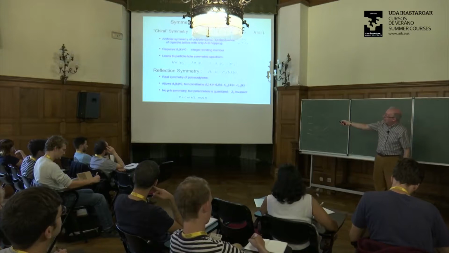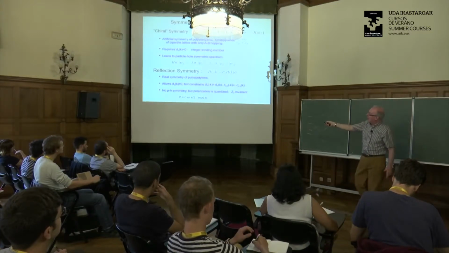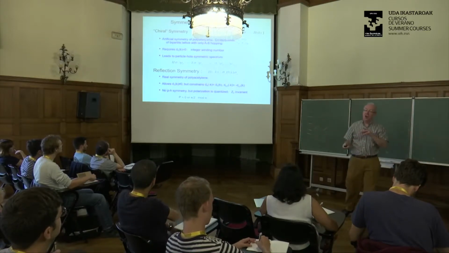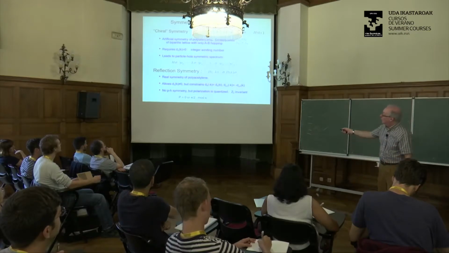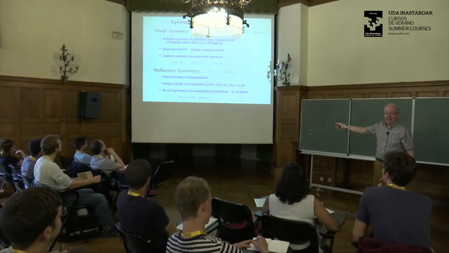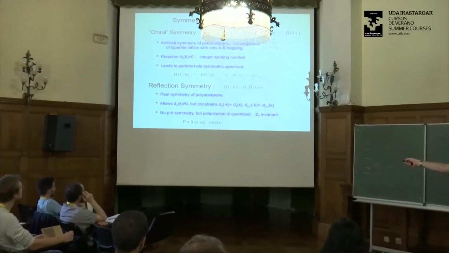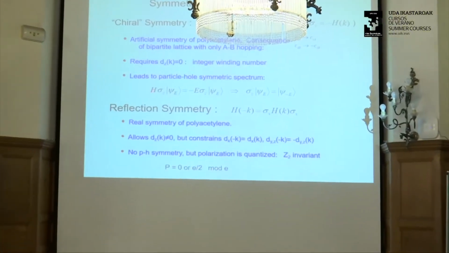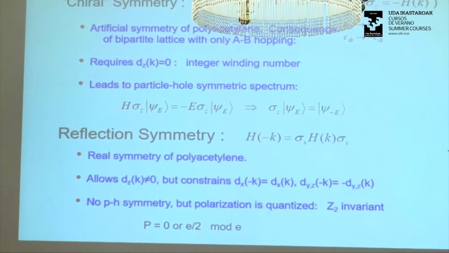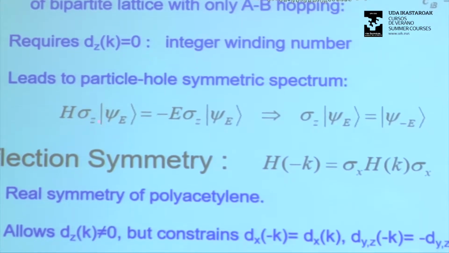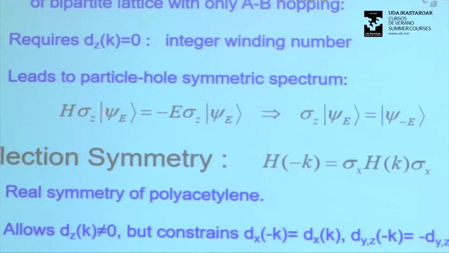But importantly, what it gives you is a particle-hole symmetric spectrum. Because if I have an eigenstate that has some energy E, I can construct another eigenstate, which is sigma z acting on that state. If I apply the Hamiltonian to that, since the Hamiltonian anti-commutes with sigma z, I can pass the Hamiltonian through, and then it's an eigenstate, so I have minus E times that state.